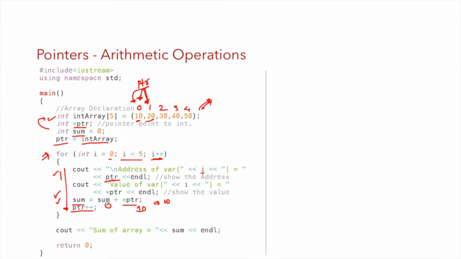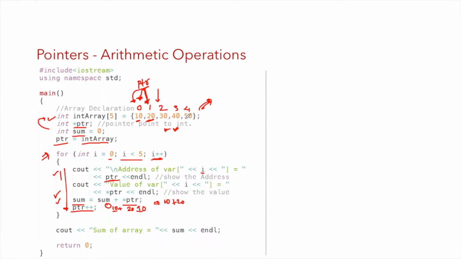So in the second iteration, 10 plus 20. 20 is your current value where your pointer is pointing, and sum was your previous value, which was updated at the end of your first iteration. So sum will become 10 plus 20, that is 30, and again the pointer will be incremented, so it will point to this location. Similarly, these variables will get added into variable sum.